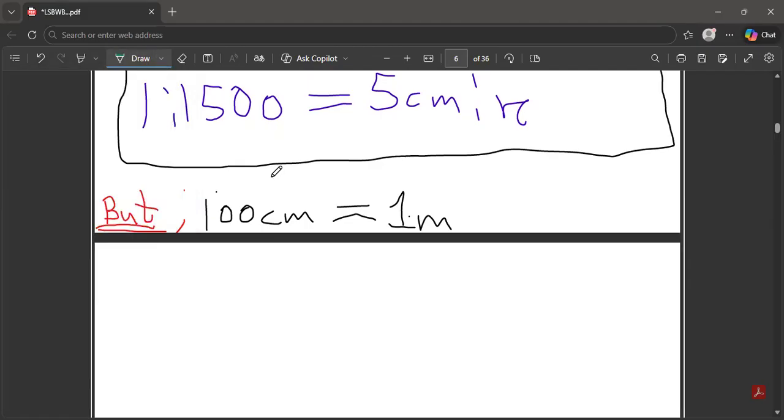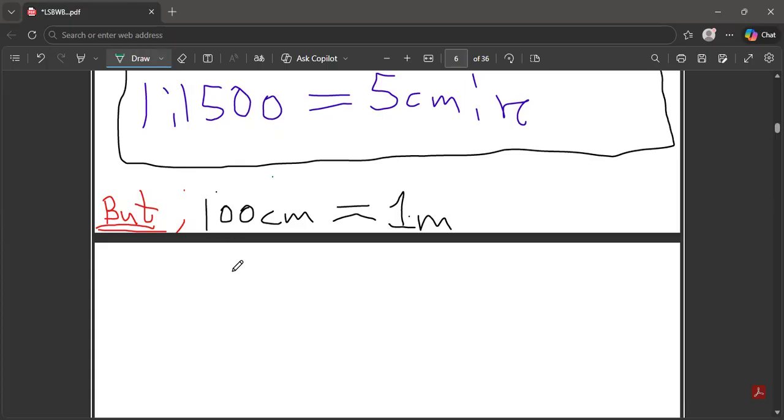Therefore, 5 centimeters is equal to, we can write that in meters. Or better still, we can work them out. But our answer has to be in meters. That is the main issue. Our answer has to be in meters.